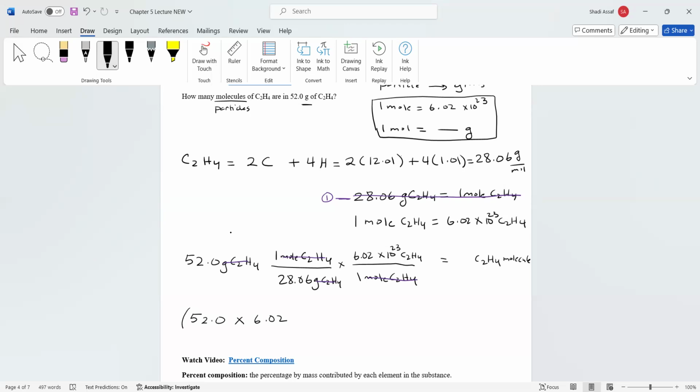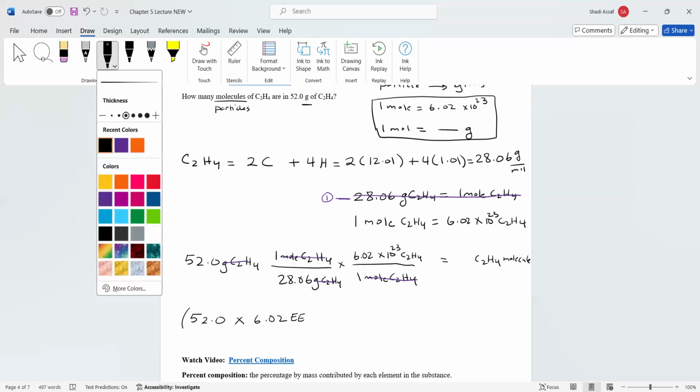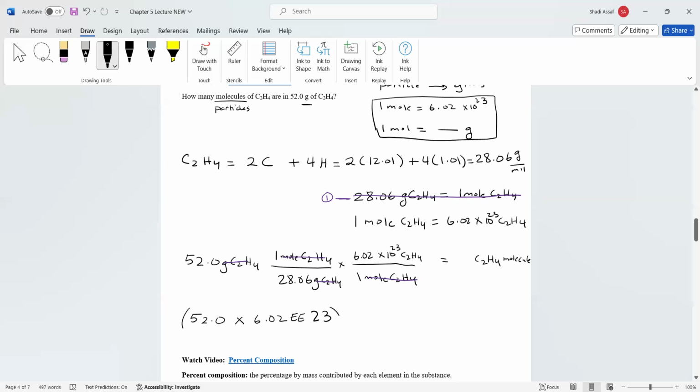Now, in your calculator, you may have the key that is EE or EXP. Most calculators have EE, so I'm going to use that. Just type in EE and then 23. Close the parentheses, and now divide by 28.06.